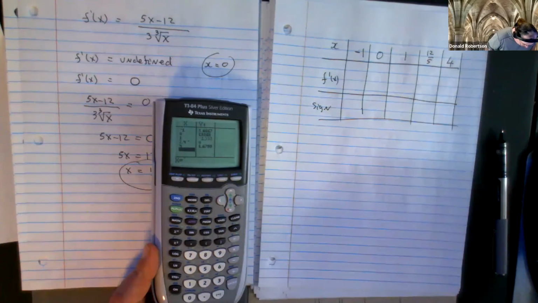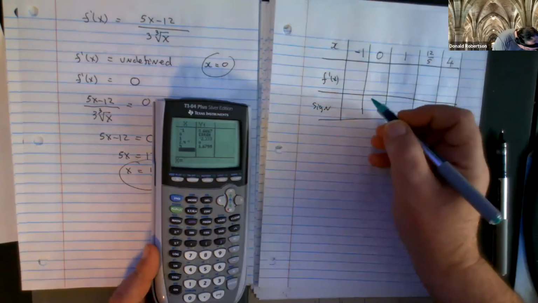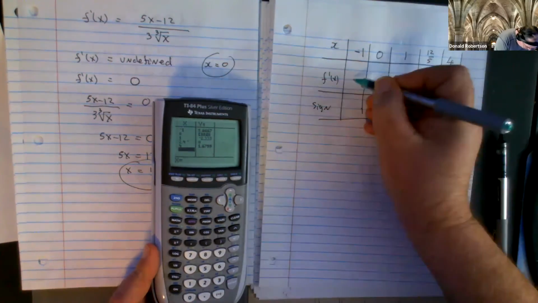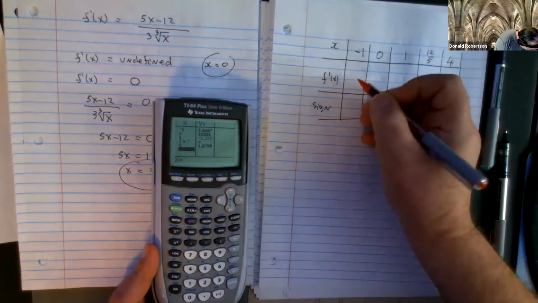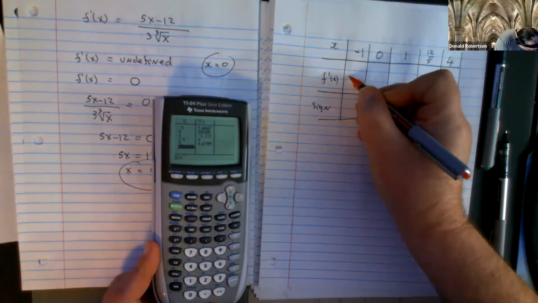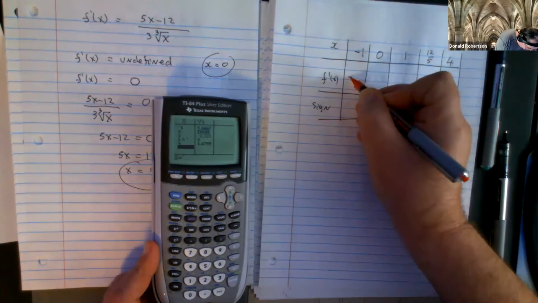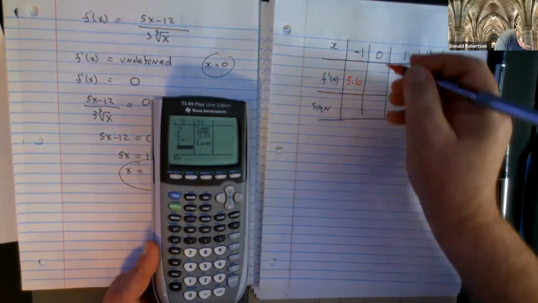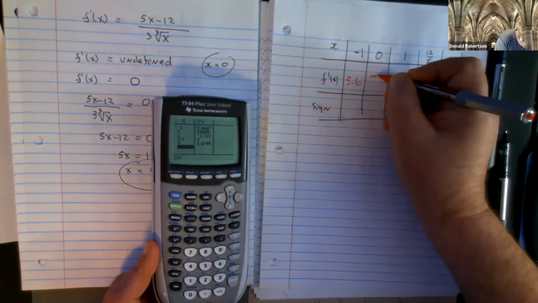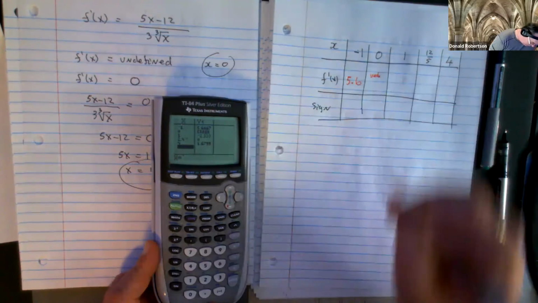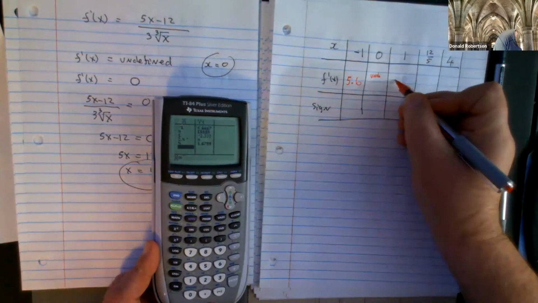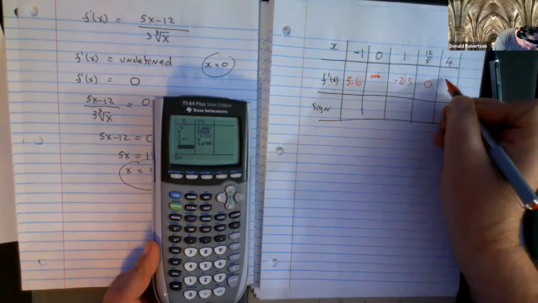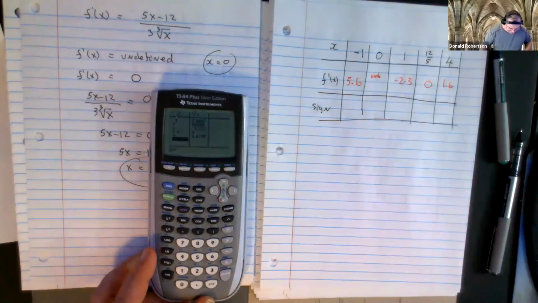And the numbers I got are 5.6. Error, well, that's because it's undefined. And then I got -2.3, and then I got 0, and then I finally got 1.6.